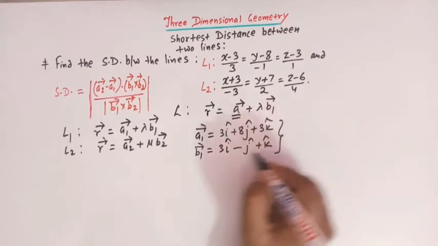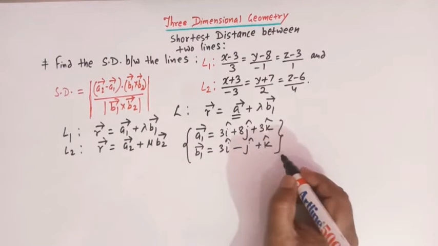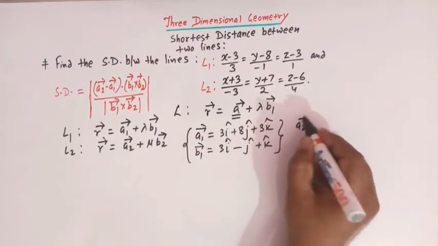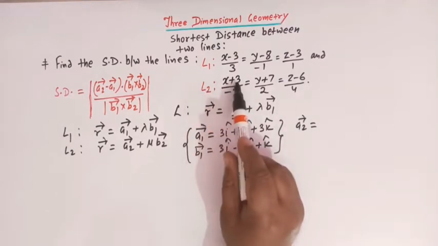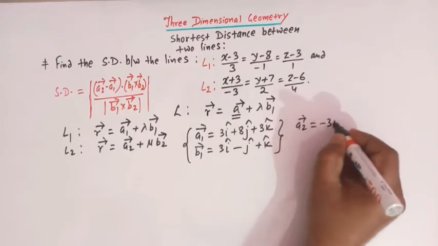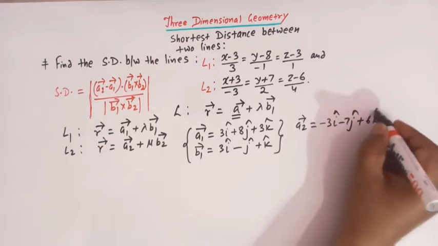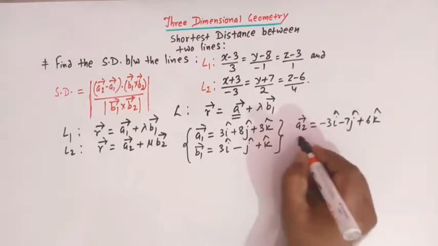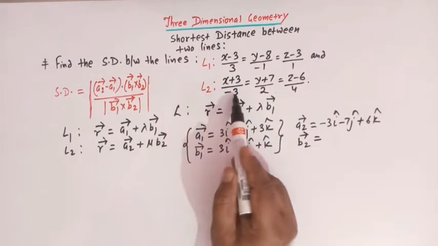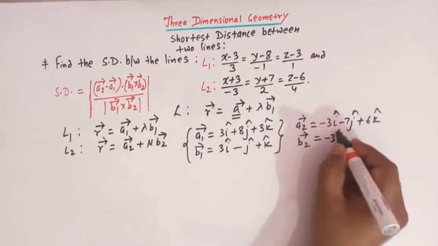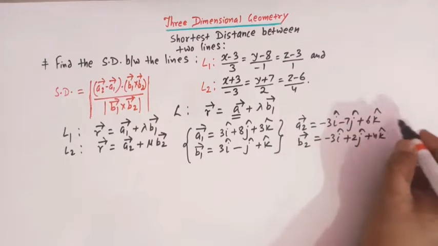These are vector a1 and vector b1. Similarly, vector a2 is given by the point through which line L2 passes, which is minus 3i cap minus 7j cap plus 6k cap, and vector b2 is given by the direction ratios of L2, which is minus 3i cap plus 2j cap plus 4k cap.